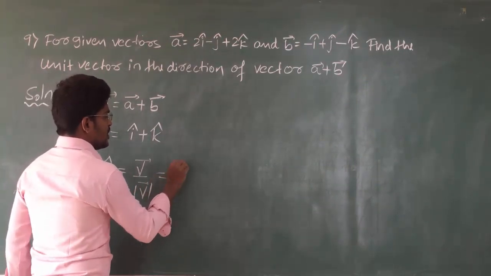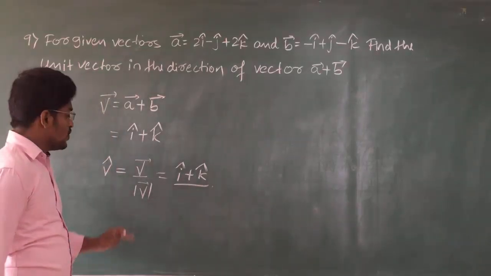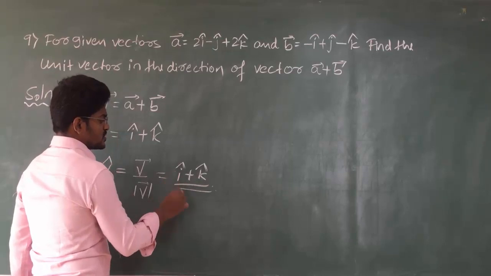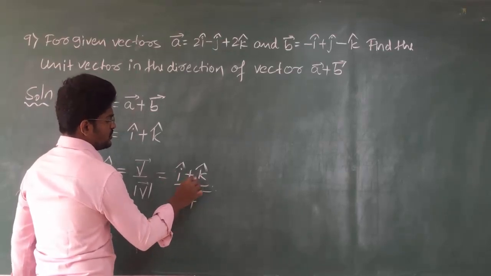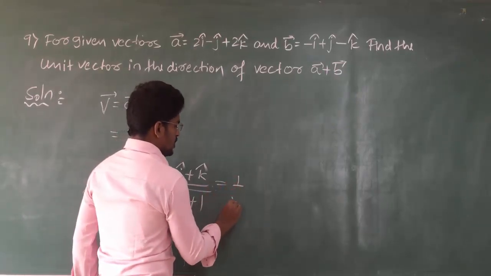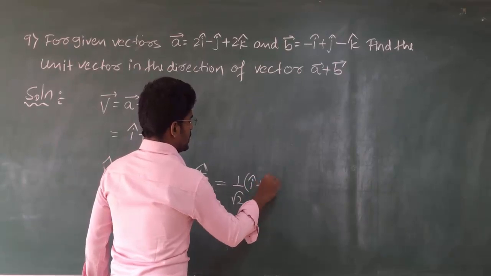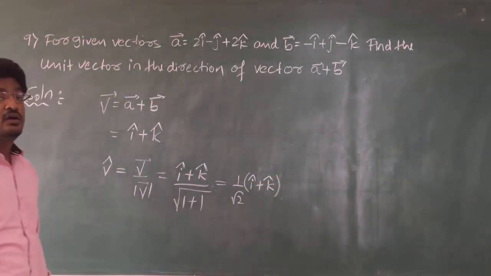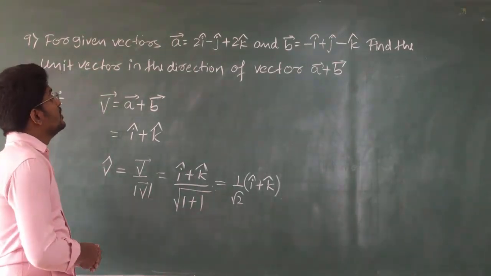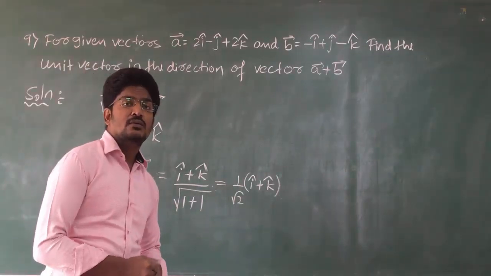That is i cap plus k cap, divided by the magnitude of vector V, which is the square root of 1 square is 1 plus, here the coefficient of k cap is 1, 1 square is again 1. So that is 1 by root 2 into i cap plus k cap. Clear? So this is your unit vector V cap in the direction of vector A plus vector B.